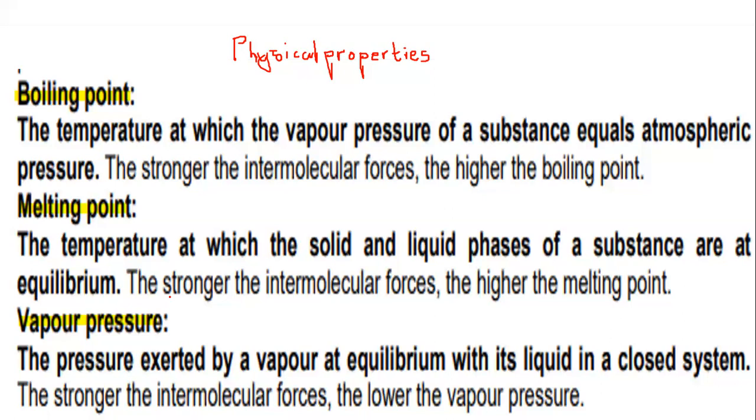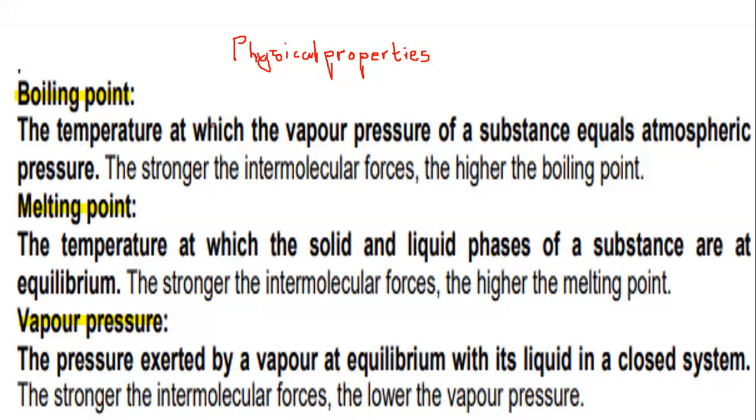For example, if you look at an alkane, for example, a pentane, and you look at an alcohol, for example, pentanol, they have different functional groups altogether. The functional groups are not the same.